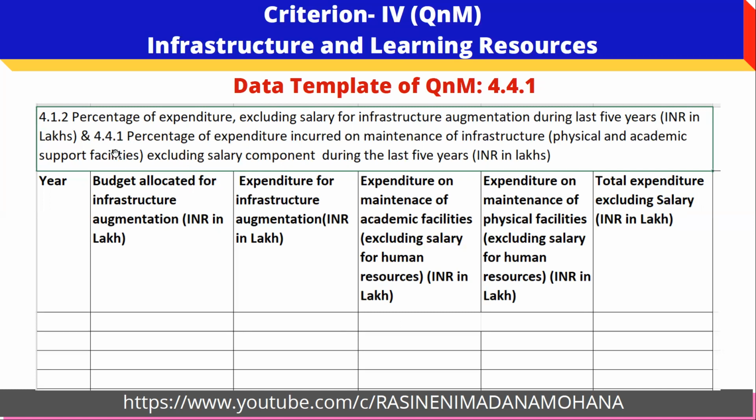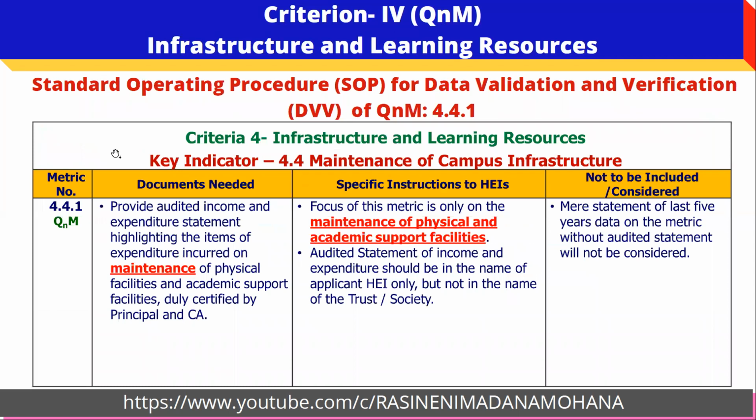Now let us move to the SOP of 4.4.1. The standard operating procedure for quantitative metric 4.4.1. What are the documents needed? Provide audited income and expenditure statement, highlighting the items of expenditure incurred on maintenance of physical facilities and academic support facilities only, duly certified by the head of the institution and chartered accountant. Here, specific instructions need to be followed by the institution.